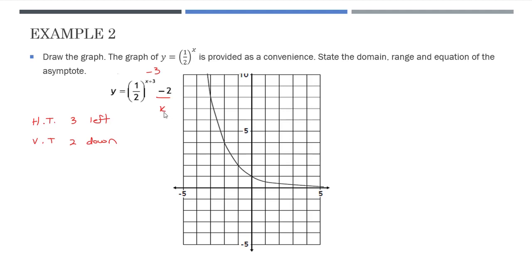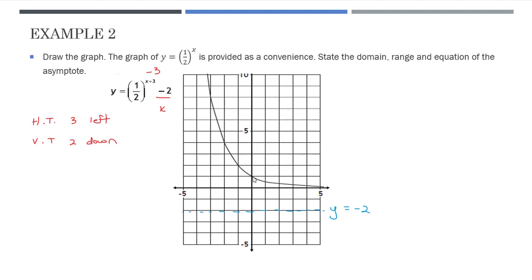Now that k value is really important because we know that our asymptote then is actually going to be shifted down 2. So I'm going to draw that in right now. So that's y equals negative 2, meaning my graph should never look like it's going to cross that. Now I have this graph already given to me, so I can take each point and just translate them 3 left and 2 down.